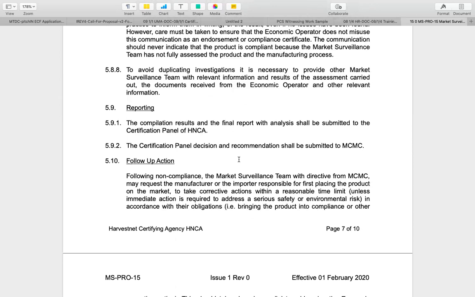On the reporting, the panel will decide, and we will submit our recommendations to MCMC for their follow-up action.